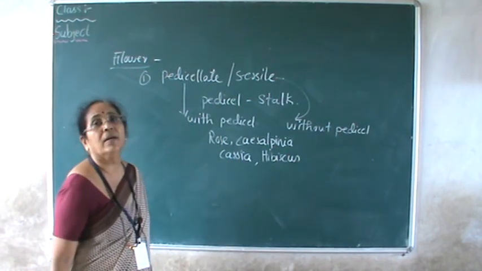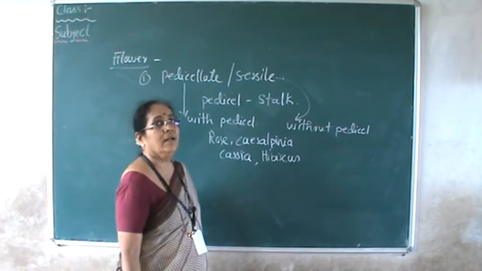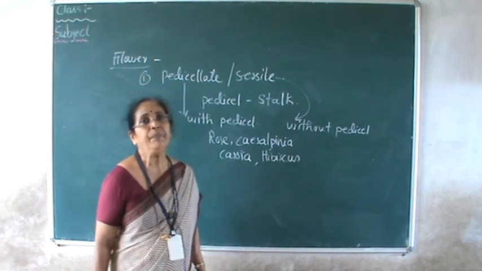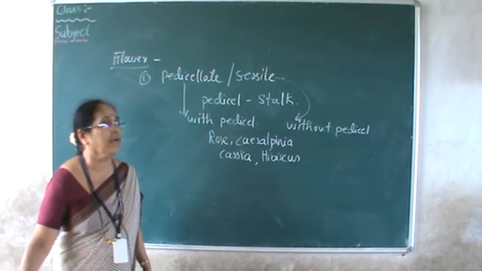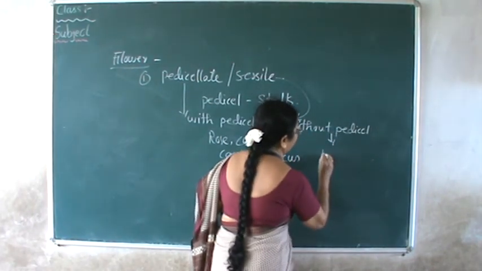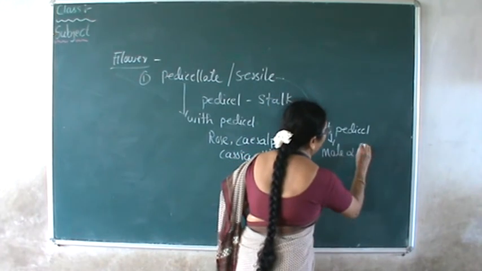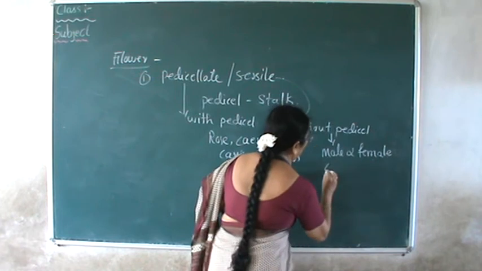Now comes the time to describe the sessile flower. The sessile flower is the one which is not having a stalk. Sessile flowers are found in the male and female flowers of coconut and arecanut.